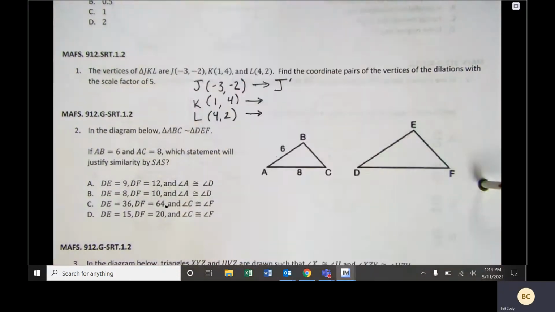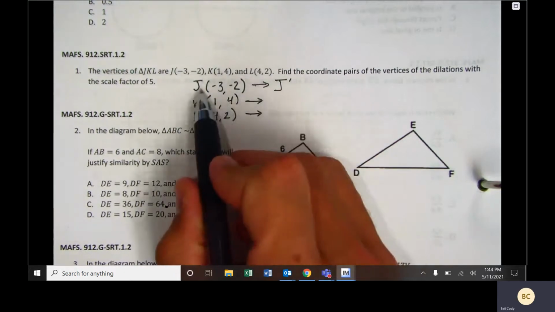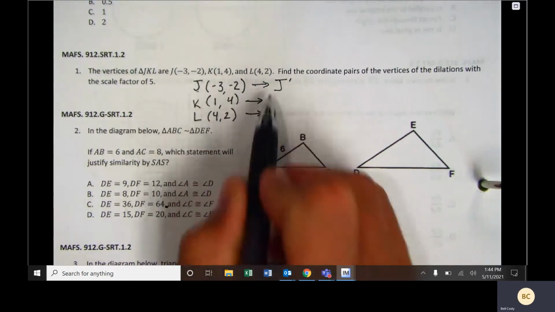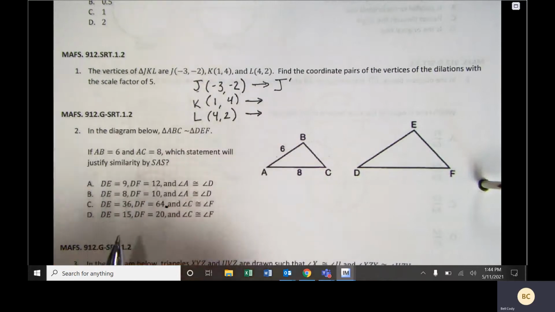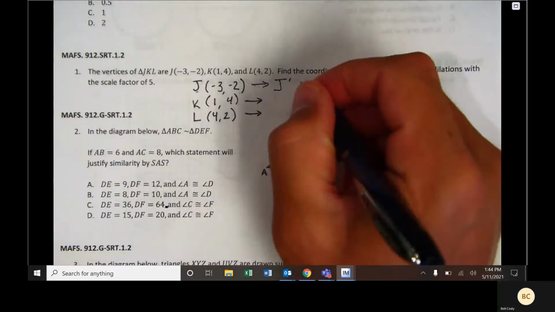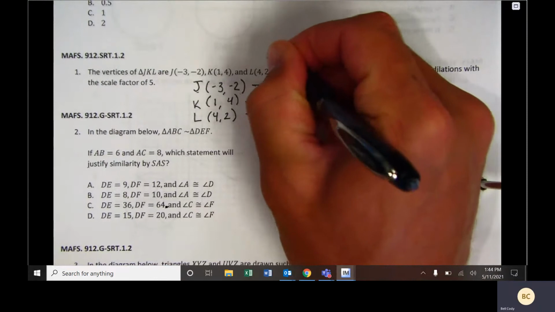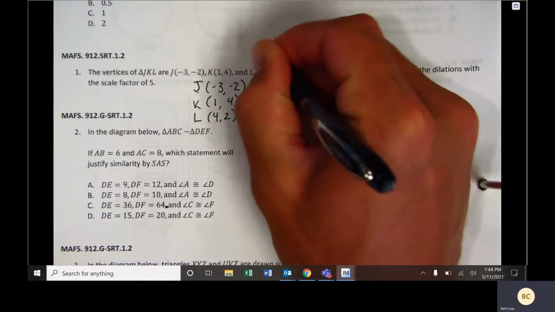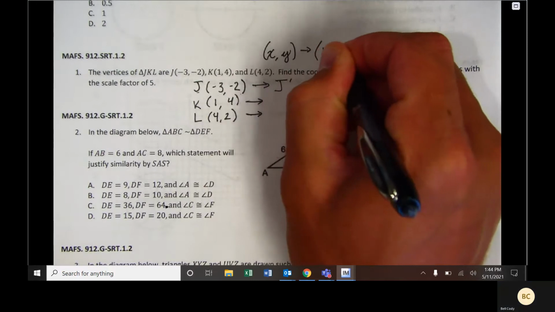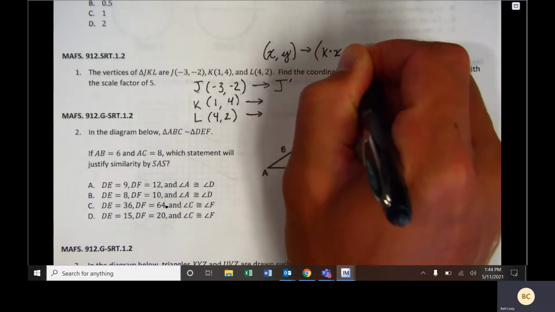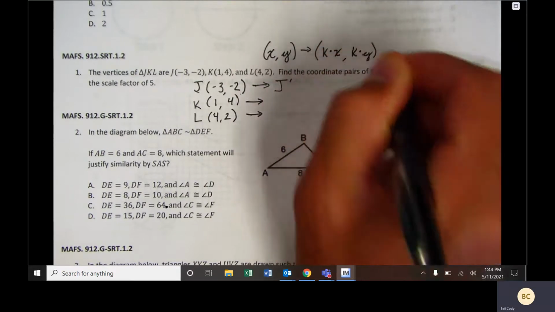With our scale factor of 5, we multiply our X and our Y value times 5. In other words, we go from (x, y) to (scale factor times x, scale factor times y).